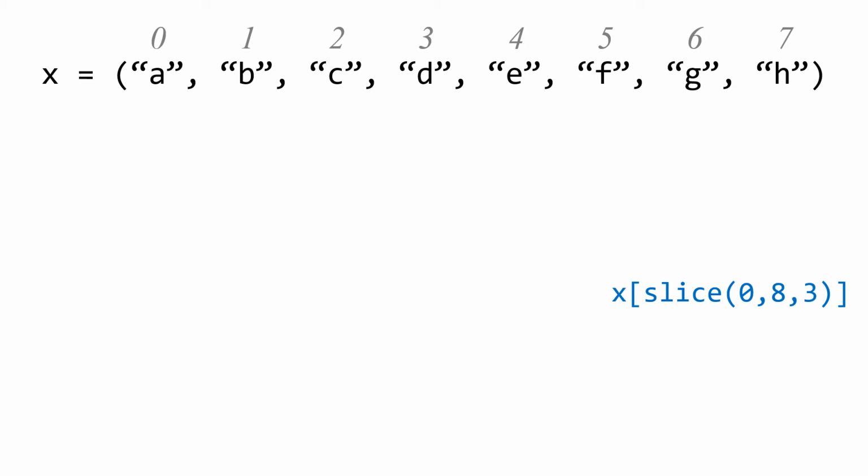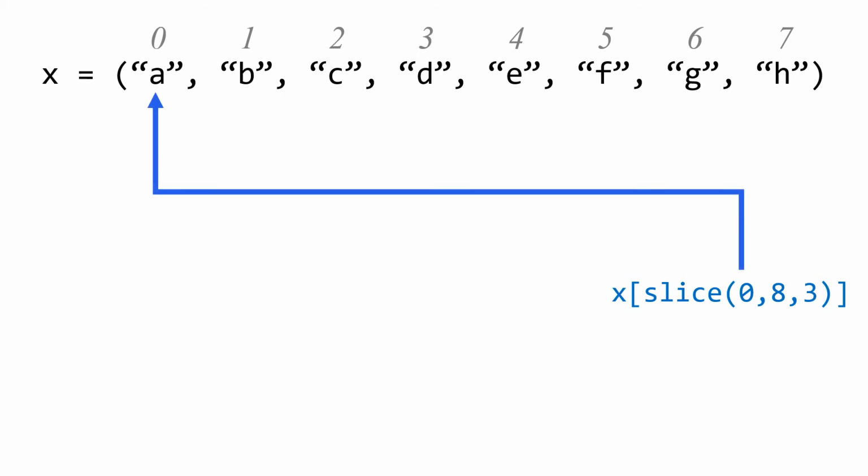First of all, here the parameter value given for the parameter start is 0, which refers to the first position. Then the parameter value given for the parameter end is 8, which refers to this position, because we have only up to index number 7 here. So therefore position number 8 is actually going to be beyond the tuple, actually outside the tuple.